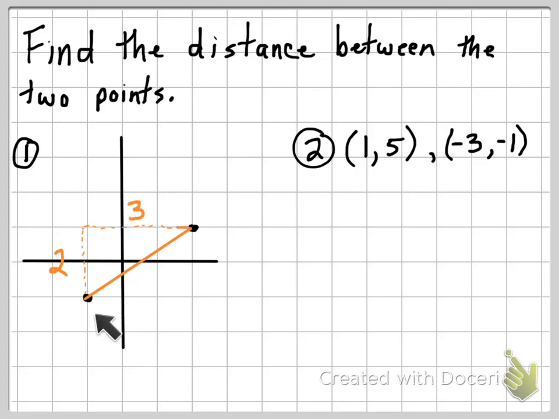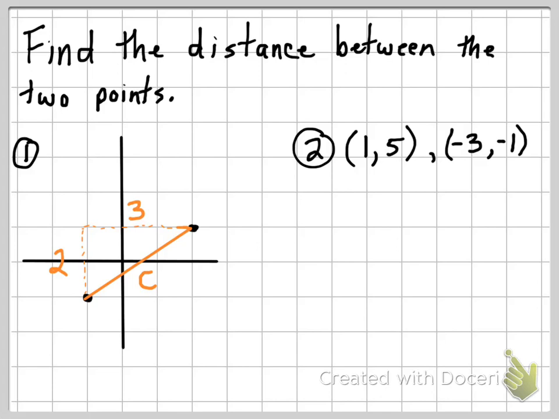I could have also counted over and up, but as you can see, I still would have got 3 across and 2 up. So it doesn't really make a difference which way you count, as long as you make a right triangle. Since this is my right angle, that makes the line I'm looking for my hypotenuse, which is C.